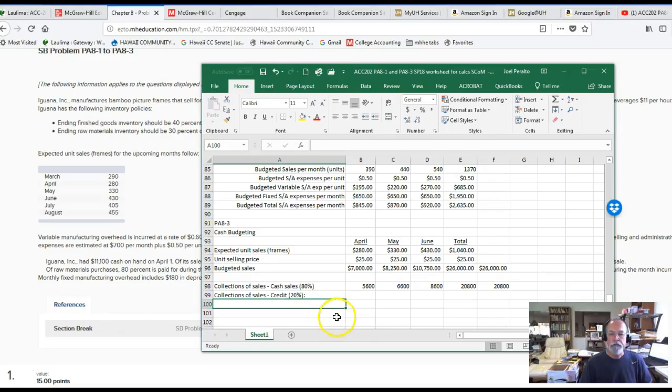Okay, so let's take a look at collections of current month credit sales, and that's 20% times 50%.